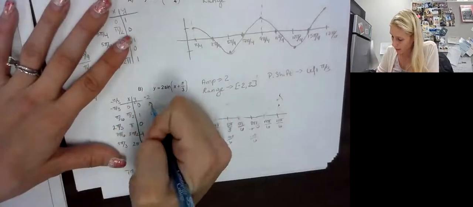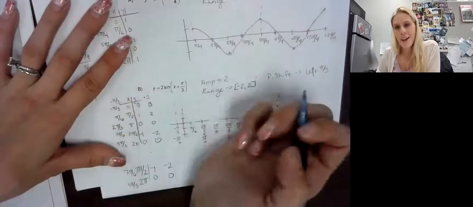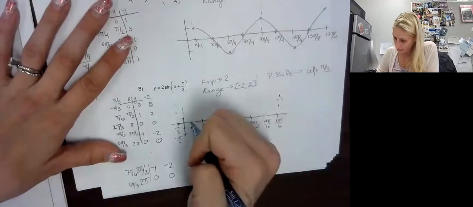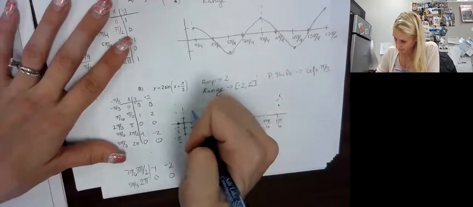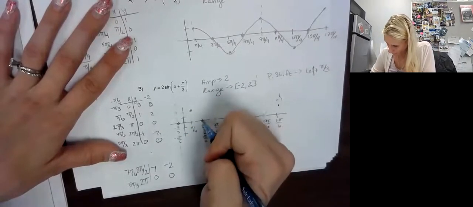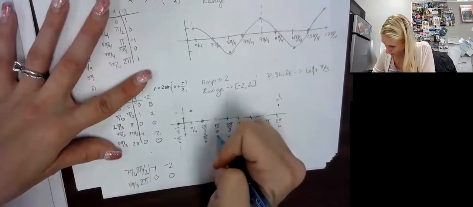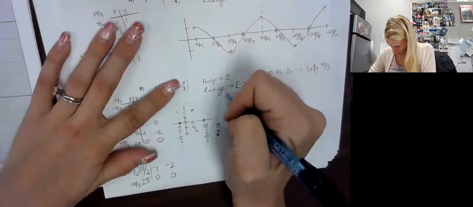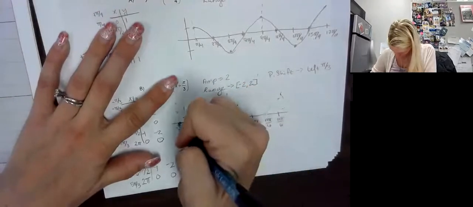So negative pi over 3, 0 is right here. Pi over 6 is at 2. Then we're at 0. We're at negative 2, 0. So this is one period right here.